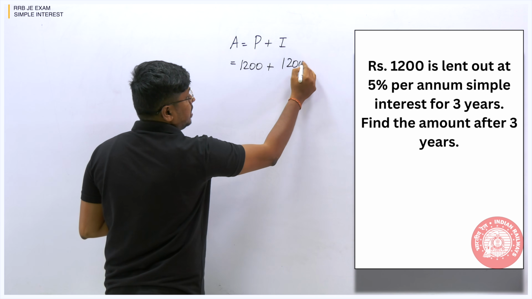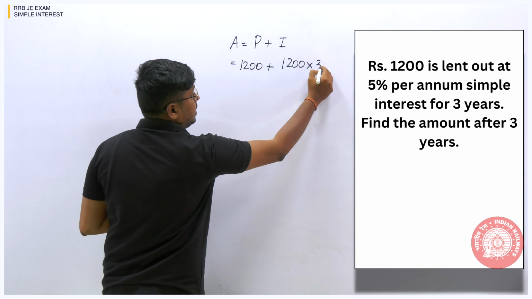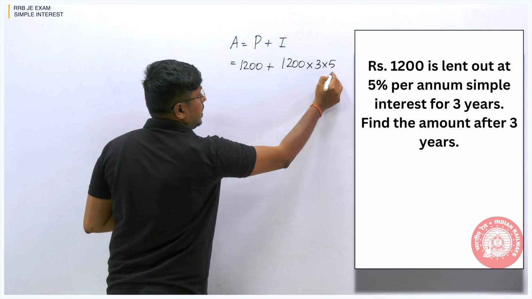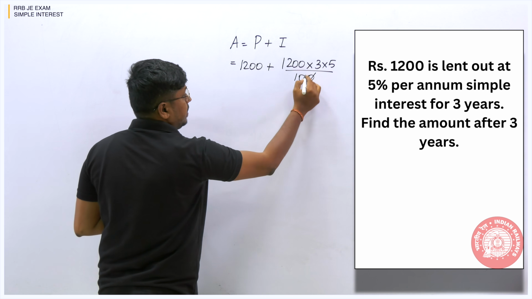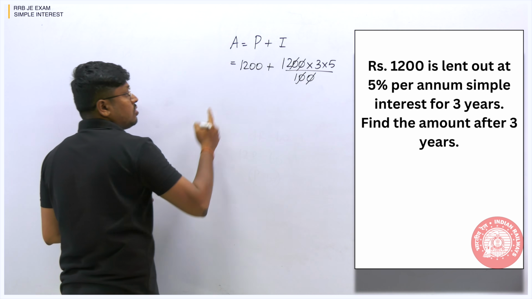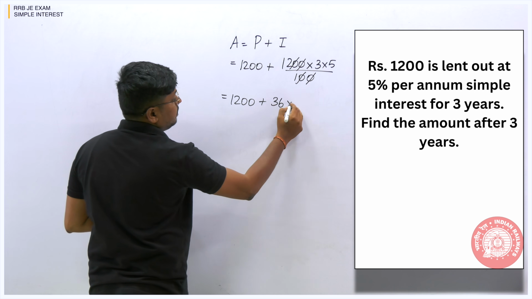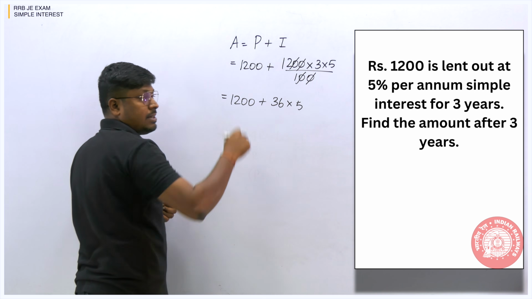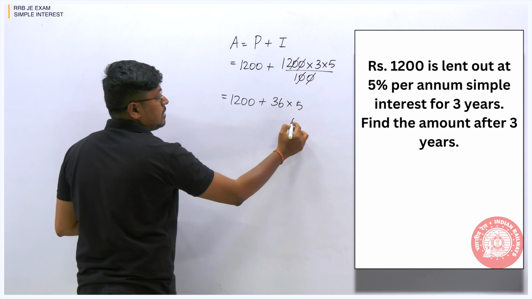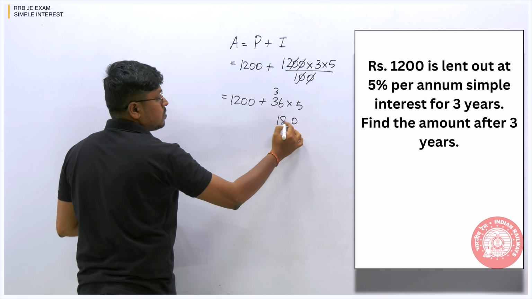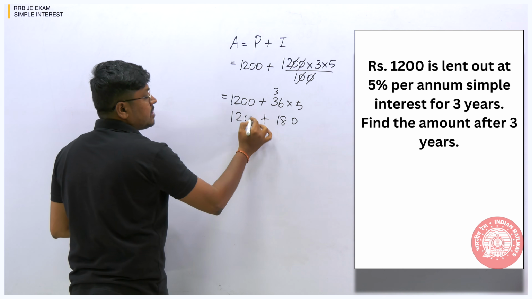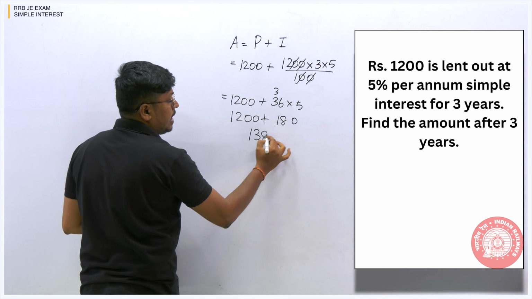So 1200 is P, the number of years is 3, the rate of interest is 5, divided by 100. We can cancel 20 here. So 12 into 3 is 36, and 36 into 5: 6 fives are 30, remaining 3, which is 180. So 1200 plus 180 will be 1380.